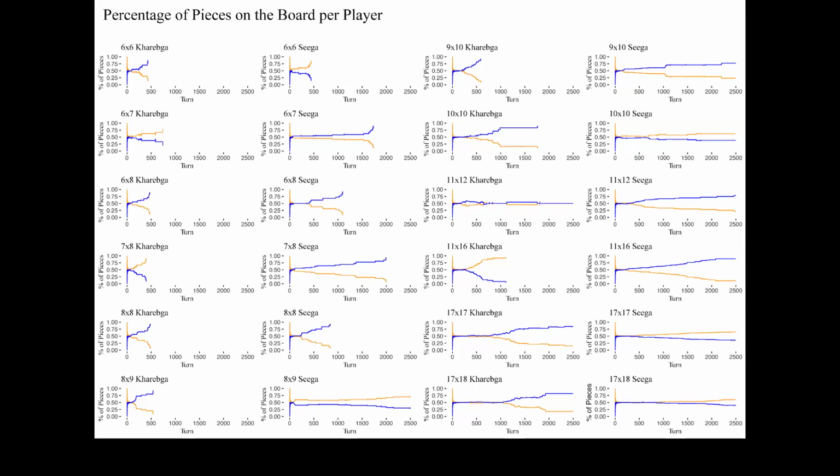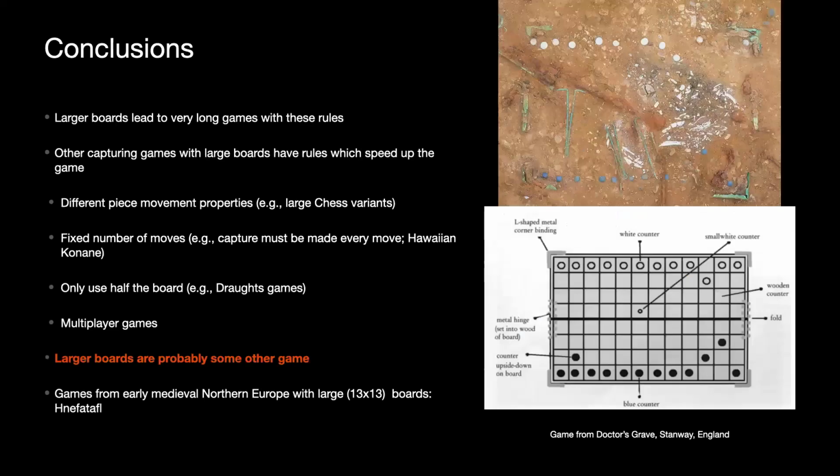Because we don't think that people will play a game for hundreds and hundreds of turns where it's obvious they're not going to win, we conclude that these larger boards probably do not fit well with the rules that we understand from the Roman sources.